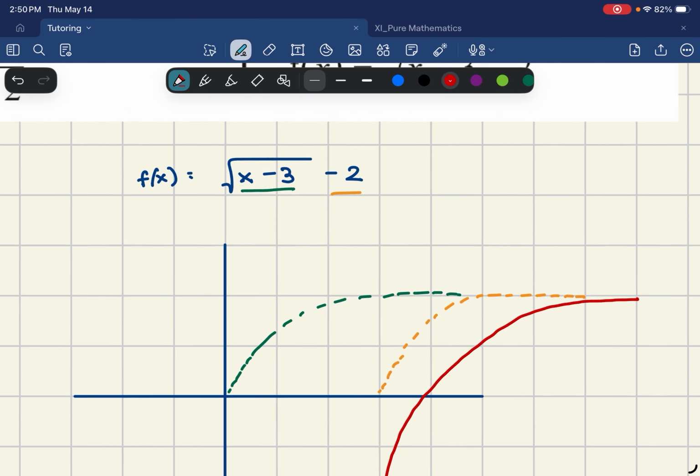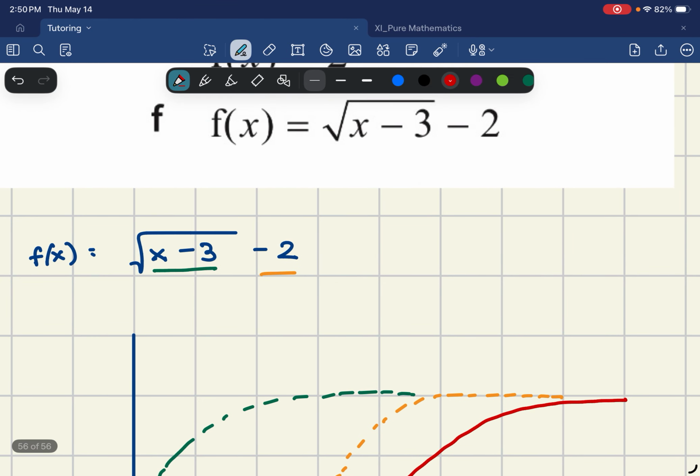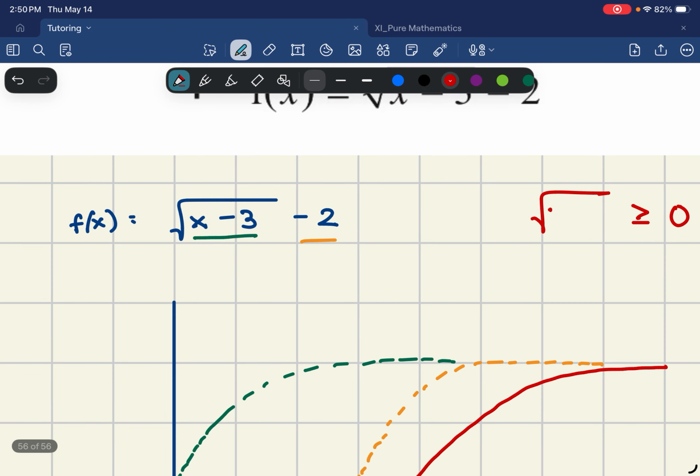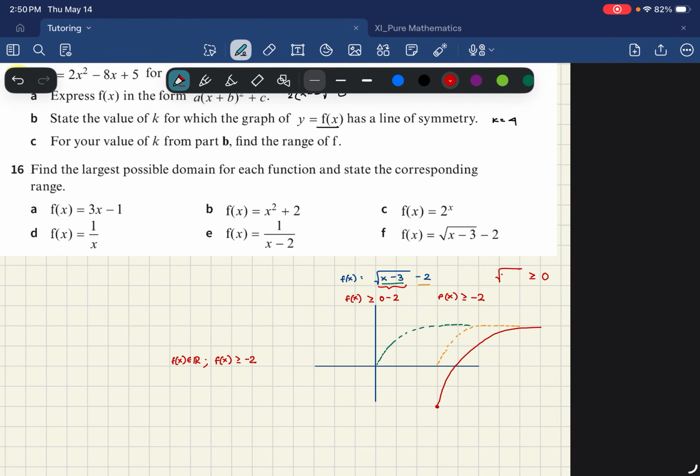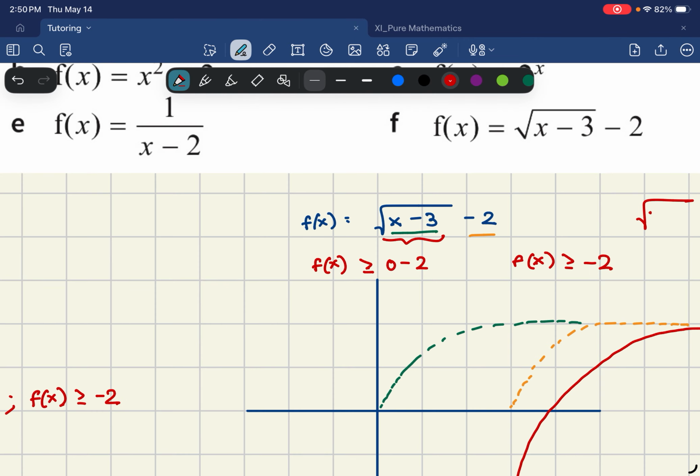Another way to figure this out is that the square root function, whatever you have inside, is always going to be bigger than or equal to 0. So the minimum value f of x can take is 0 minus 2. So f of x is greater than or equal to negative 2. And x is a real number.